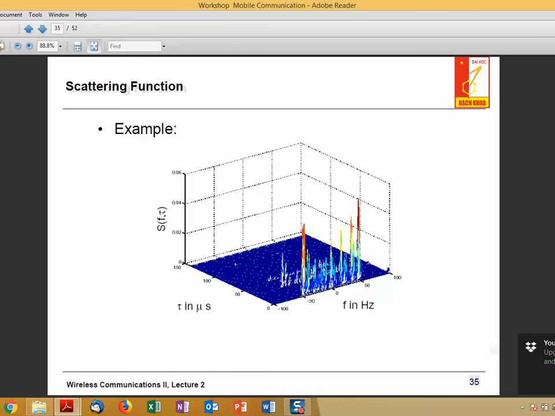Right. That is the time domain and the frequency domain. So we transmit a sinus signal, but we observe the frequency and the time domain. We observe like this.